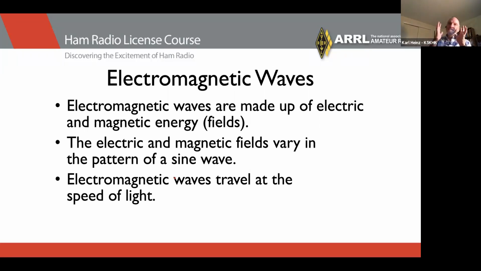We have two different types of fields. We have an electric field and we have a magnetic field. And the electric field grows and breaks down again. And during that process, it creates a magnetic field that grows and breaks down again.